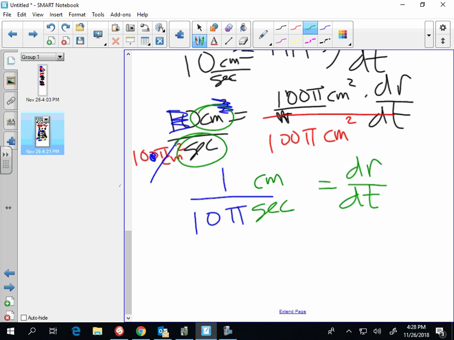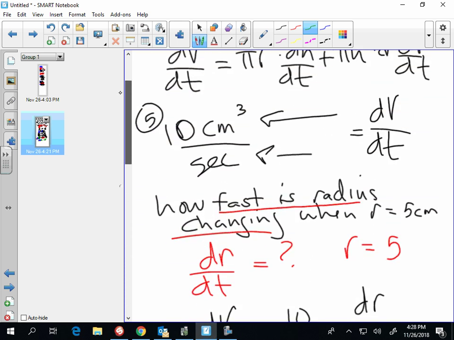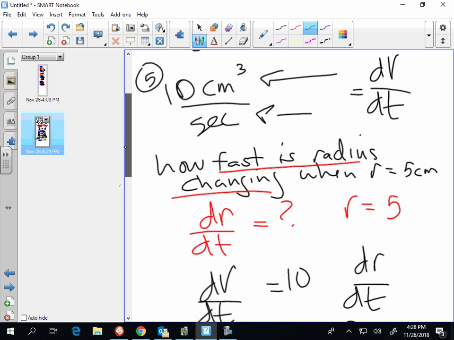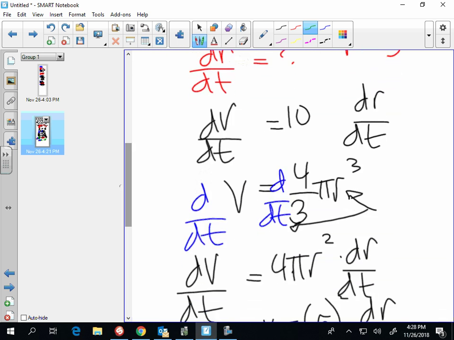Okay, so again, what are we doing here? We're translating the words and numbers into some calculus thoughts. dV/dt is 10. What's dr/dt when r is 5? Then we ask, do we know a relationship between volume and radius here? We sure do: volume equals 4/3 pi r cubed.